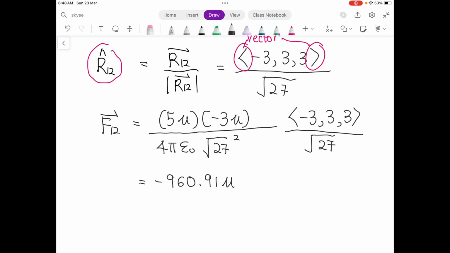Okay, or we can write it as negative 0.96 milli. Okay, milli, and multiply with negative 3 and 3.